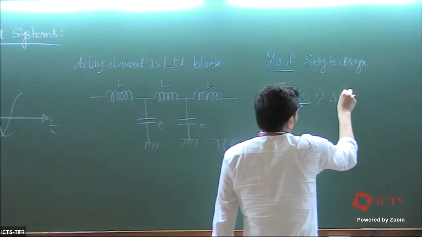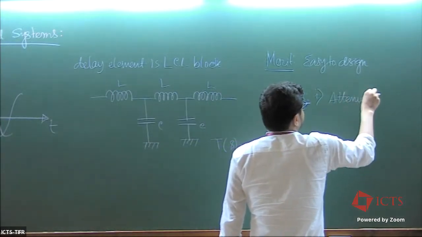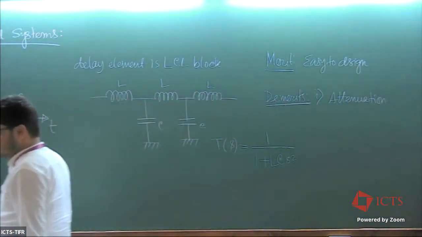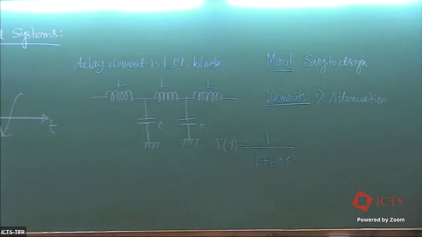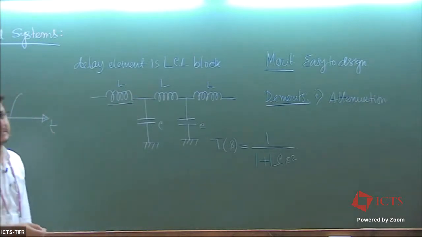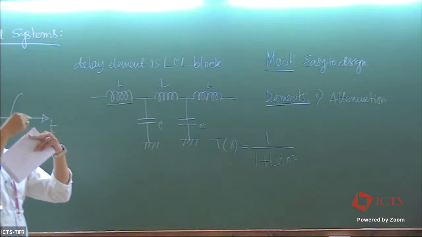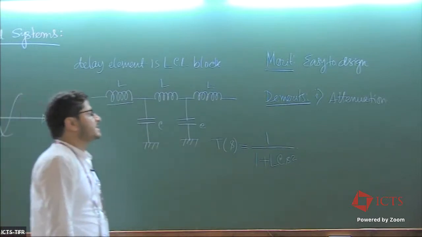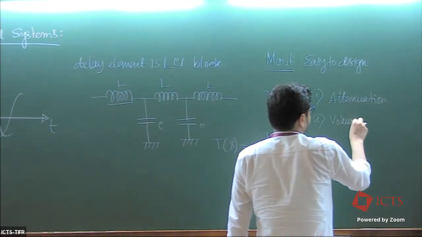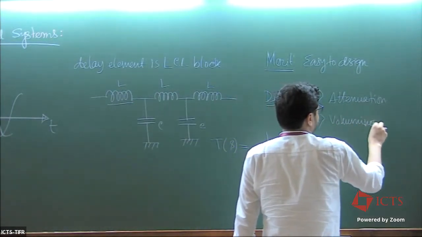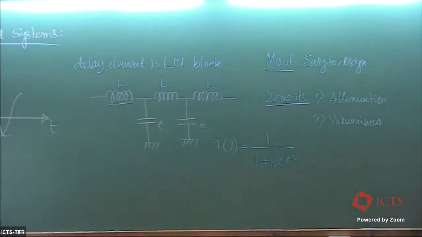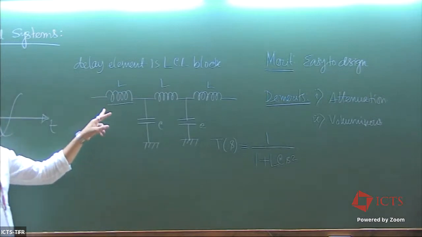So first of all, attenuation. Second, the system is very bulky. If you want to make an inductor, then you have to wind some wire. So the second demerit is that it is voluminous. Third, it is very intricate.